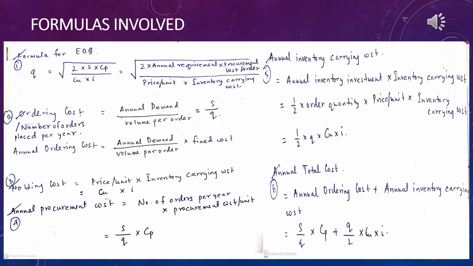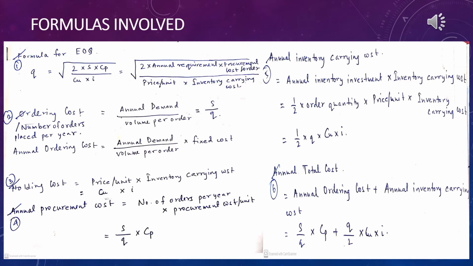If we come back to the formula of EOQ, we have previously said that it is the root of 2 into S into CP divided by CU into I. Now coming back to the consumption here, 75 units of an item per month is the monthly consumption, so yearly consumption is 75 into 12.